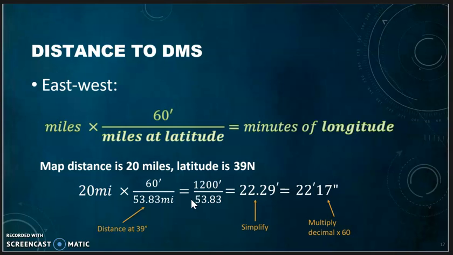We do that cross multiplication, which gives us 1,200 minutes over 53.83 miles. Simplifying that gives us 22.29 minutes. Then we convert back to degrees, minutes, and seconds, which gives us 22 minutes and 17 seconds of longitude.